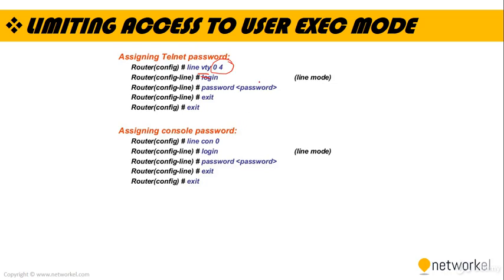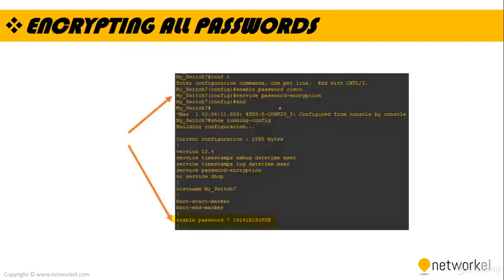So to limit the access to the VTY, for example, you type line vty 0 4 and you type login, and you can define a password as you can see here.